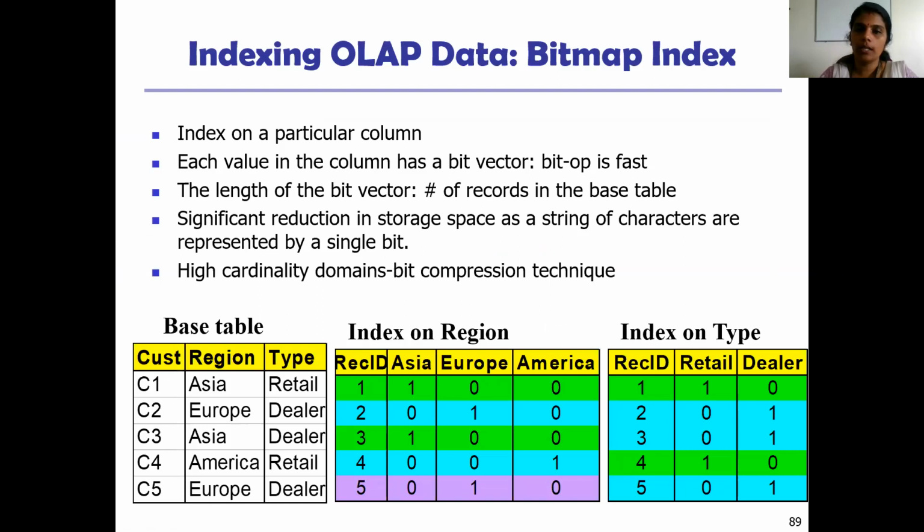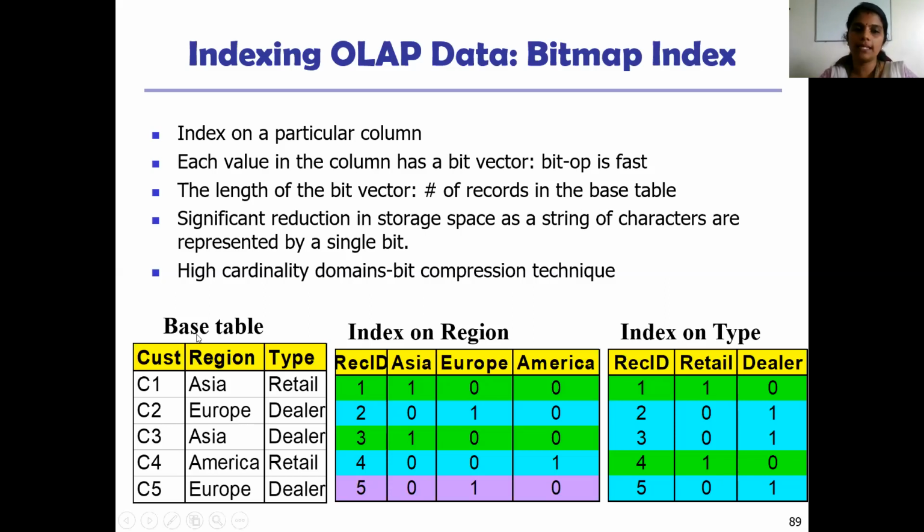Each value in the column has a bit vector associated with it, and the length of the bit vector corresponds to the number of records in that column. There is a significant reduction in storage space as strings of characters are represented by a single bit. Let's see the example given here.